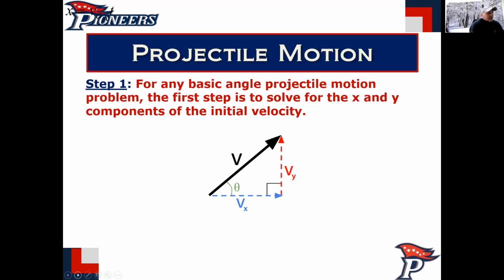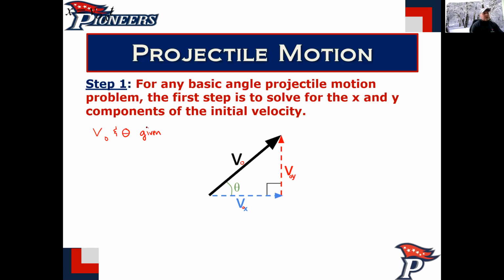And so just to rehash, step one, right? Again, I stole this off something on the internet, and they didn't have the initial velocities there, but it doesn't really matter. If we know the initial velocity and we know theta, these are given.